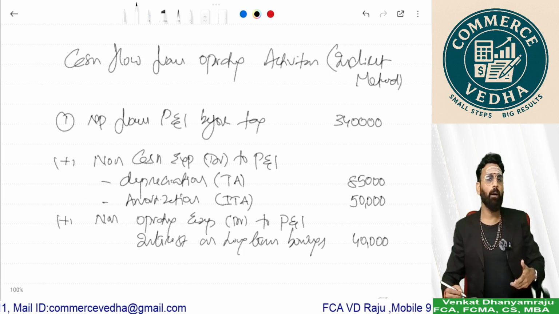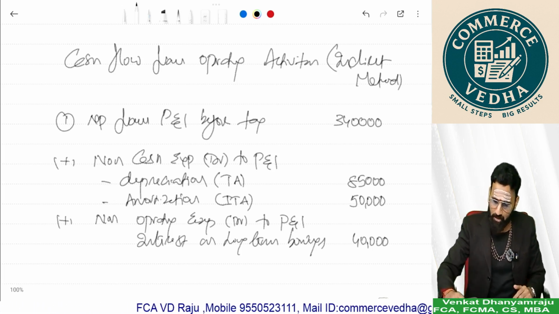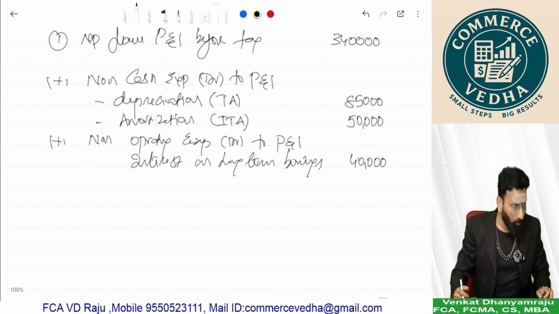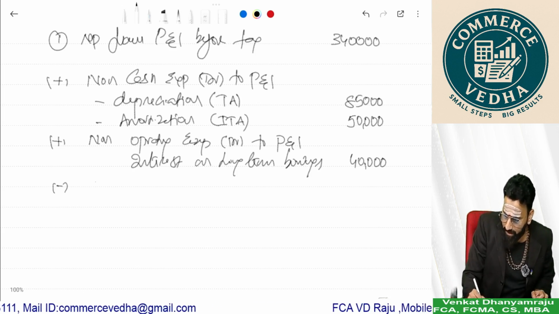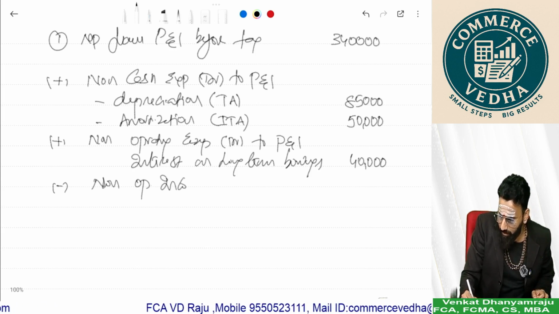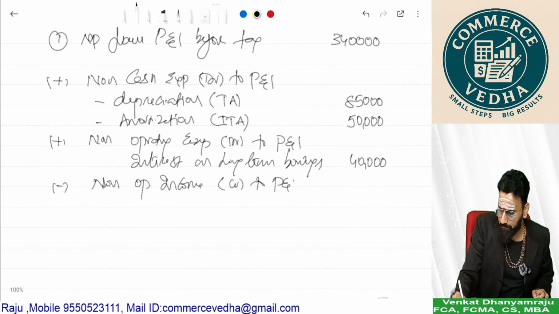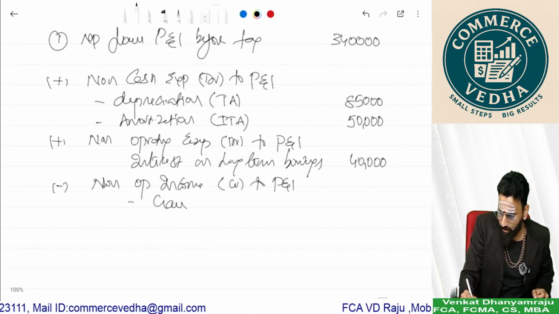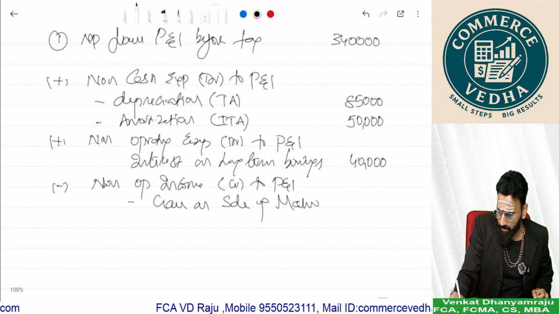So I added back non-cash expenditure debited, non-operating expenditure debited, and one more, gain on sale of machinery, which is a non-operating income. I should deduct non-operating income credited to P&L, which is my gain on sale of machinery.